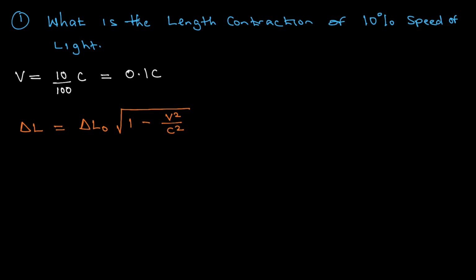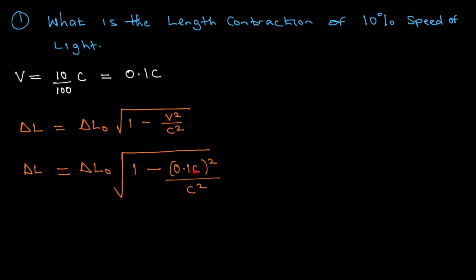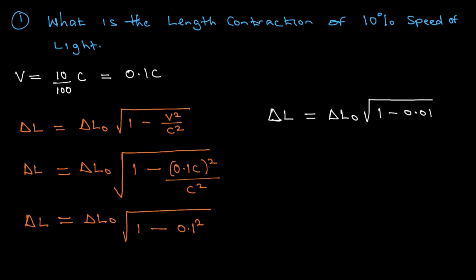If I substitute 0.1c here, then delta L equals delta L naught root 1 minus 0.1 squared, because the c squared cancels out. Then delta L equals delta L naught times root 1 minus 0.01. Delta L is equal to delta L naught root 0.99.